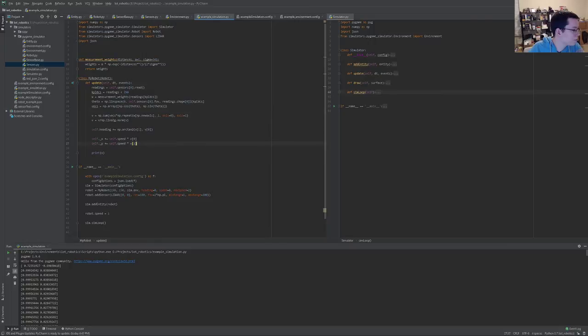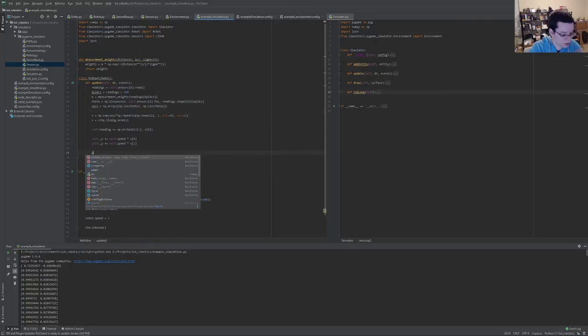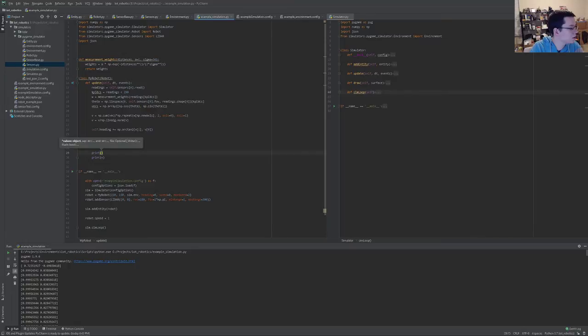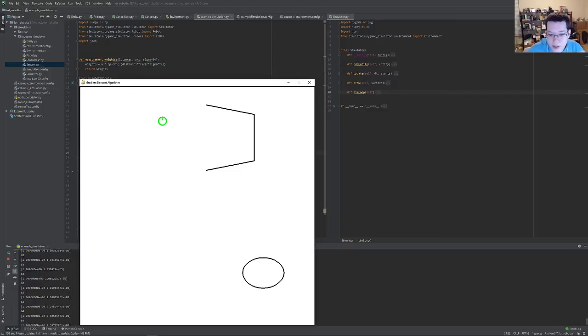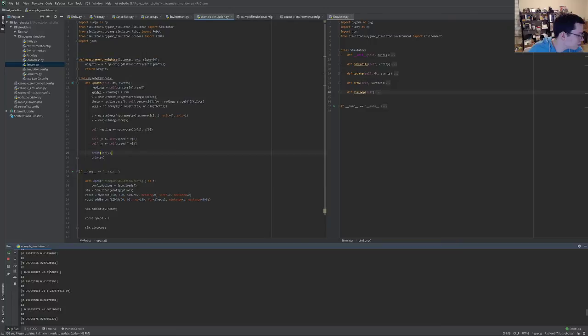So let's also print len w. Yeah, you can see the number is changing. I'm pointing at my screen, you can't see it really. Sometimes it's more, sometimes it's less. It's not correct.